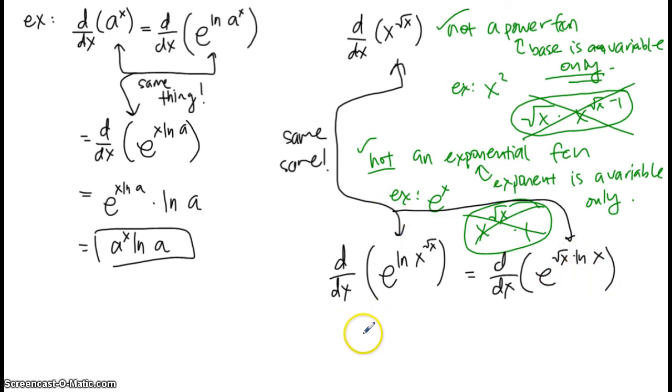This is now an exponential, right? E is a constant and I only have variables in the exponent. So now I can do a copy paste, times, chain rule, the derivative of this exponent. So the derivative of that exponent.